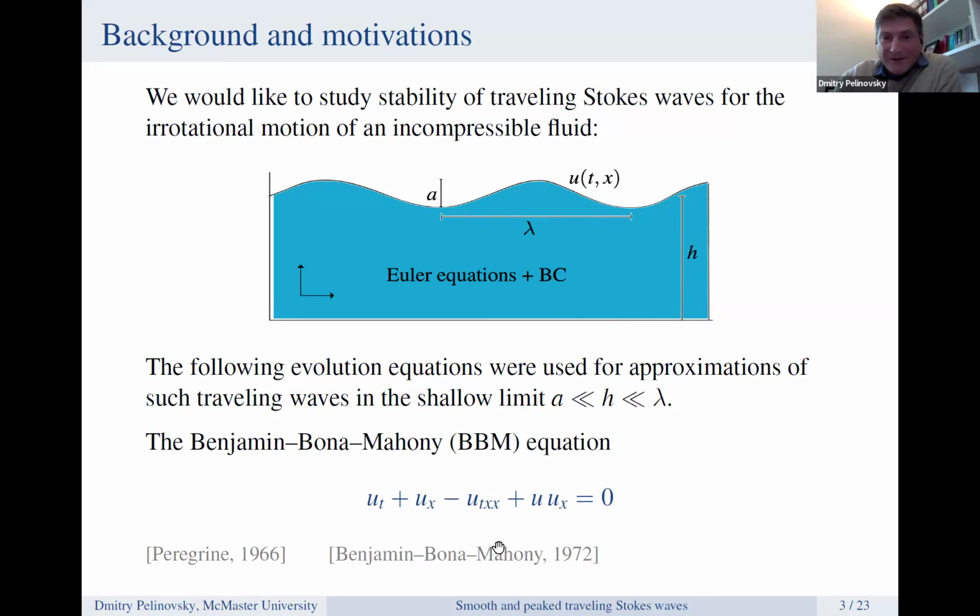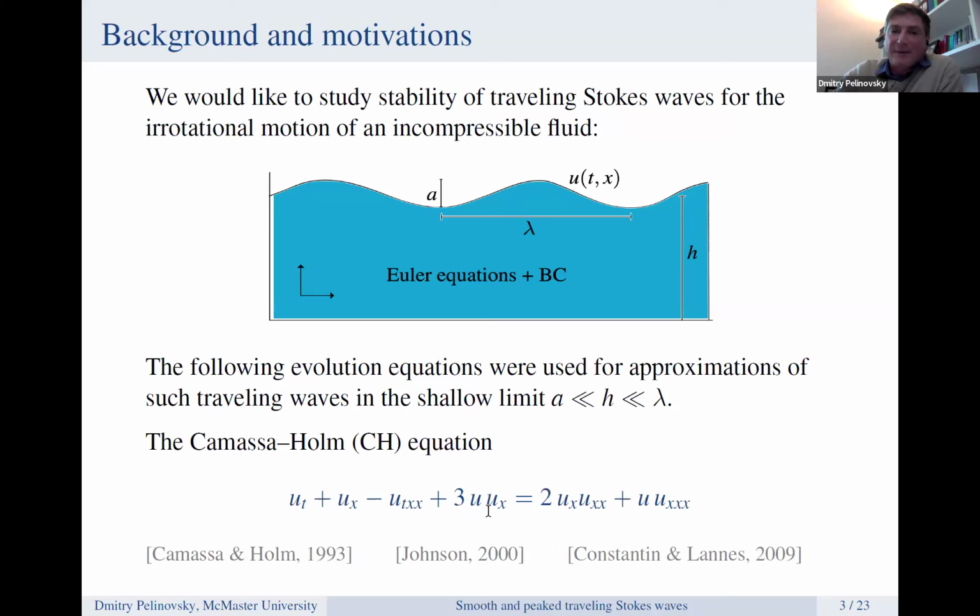A different equation was derived not so long ago, only 50 years ago, much later compared to the KdV equation, and it was a regularized KdV or BBM equation. The only difference here appears to be in the dispersive term. 20 years later, another PDE was derived by Camassa and Holm, and if you look at the left-hand side, it is just the BBM equation, but it's modified with some quadratic nonlinearity and cubic derivatives here.